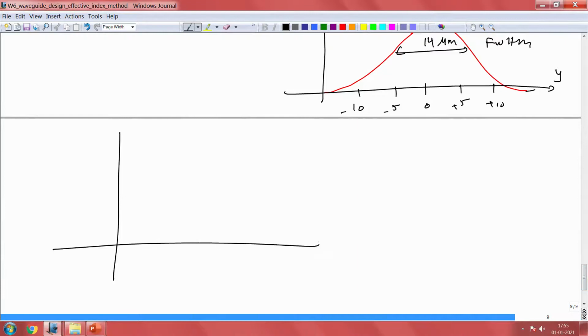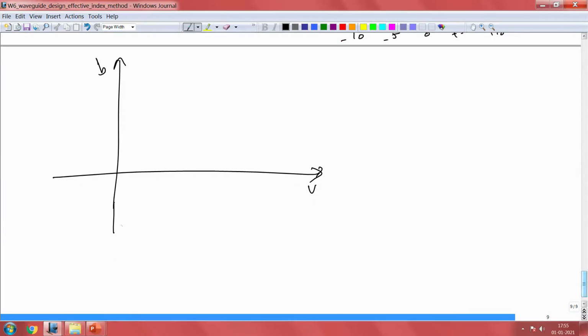But now we are finally back to the V number, V parameter with respect to propagation constant beta. If you remember, we started off really bad with this first order, and then we were able to make it better with perturbation theory, but then the effective index will actually solve this problem.